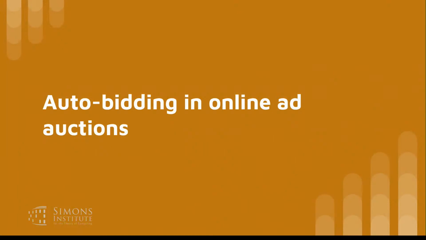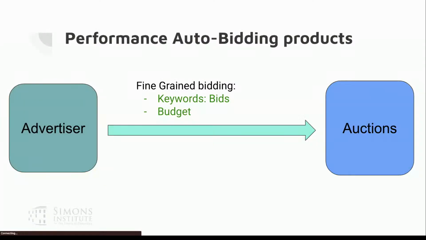And let's talk about what is auto bidding. So I just explained the traditional form of bidding, which is that the advertiser sends to the platform very fine-grained bidding tables. It's basically a table of which keyword I'm interested in and what's the bid for that keyword, and possibly a budget and some other constraints.